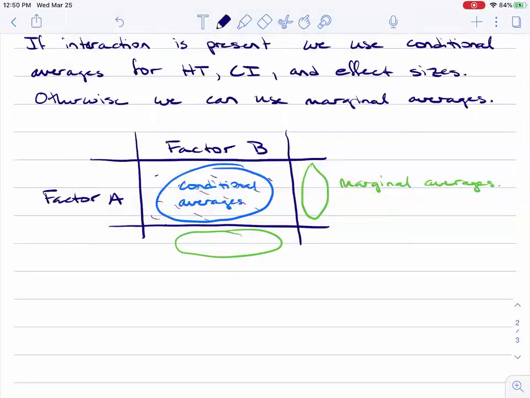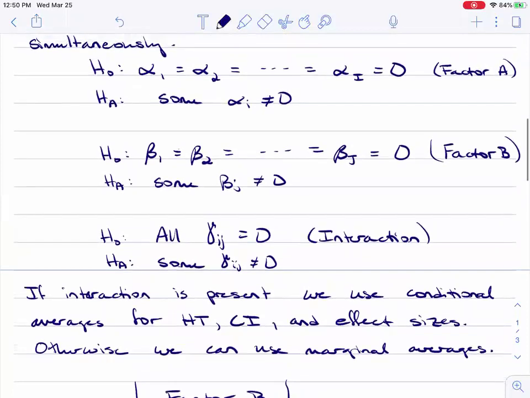Oh, sorry, I'm just refreshing my head here. So we established hypotheses, all three hypotheses. Then we do the ANOVA table, where you can see F values and P values.